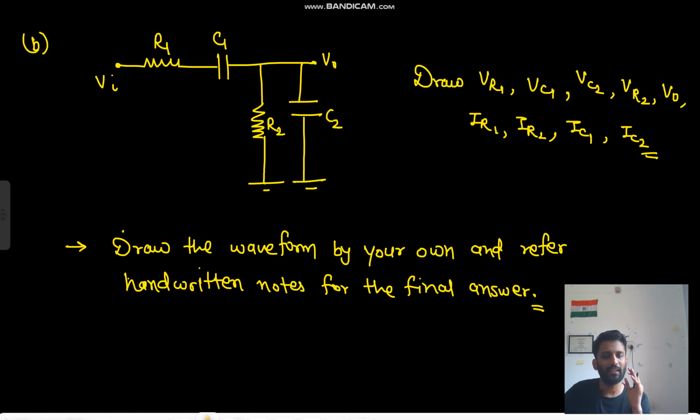There is a very rare chance that the interviewer will ask this kind of analysis. This is very complex, but I have taught you this because if you understand this analysis, you will be able to solve any kind of circuit. We will see one more second order circuit and the complete analysis there as well. After that, you will be able to solve any kind of first order or second order circuit.